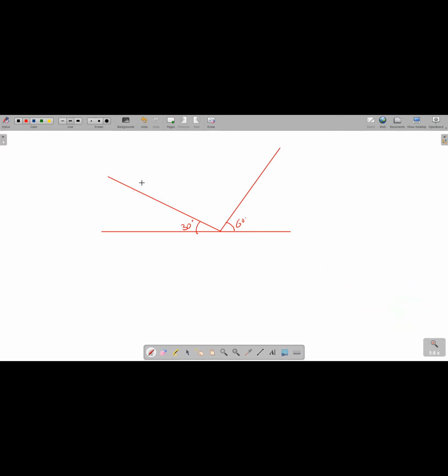Suppose from this inclined plane you throw the ball perpendicularly at 90 degrees, it follows this parabolic path and strikes this plane at a complete 90 degrees.